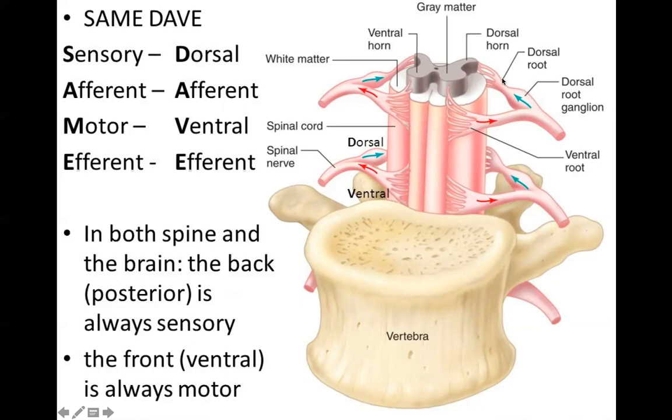So the dorsal root is on the back, dorsal, afferent. Sensory is afferent, so you know dorsal is sensory. It's going in, as indicated by that teal arrow. Ventral is headed out, as indicated by that red arrow. And that's always going to be efferent or motor.